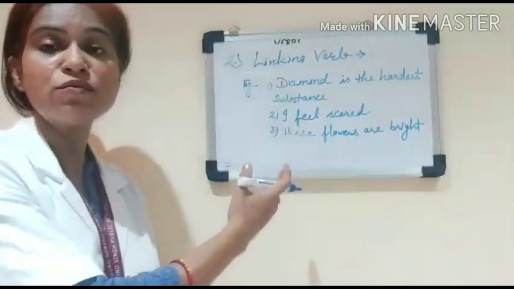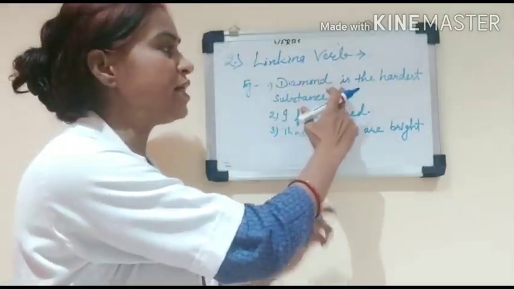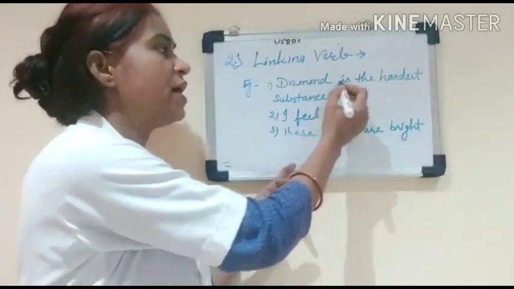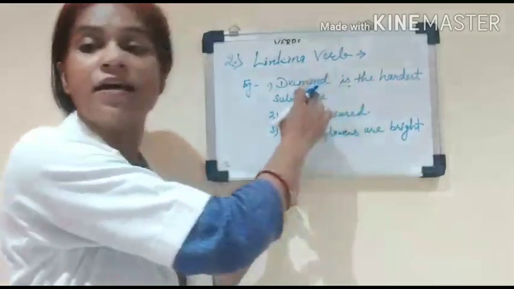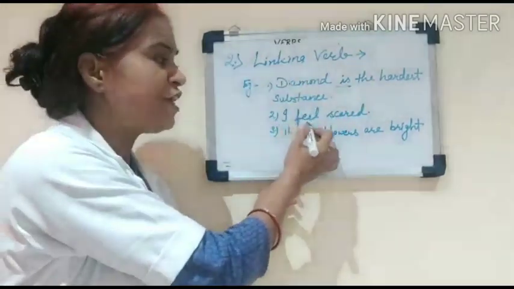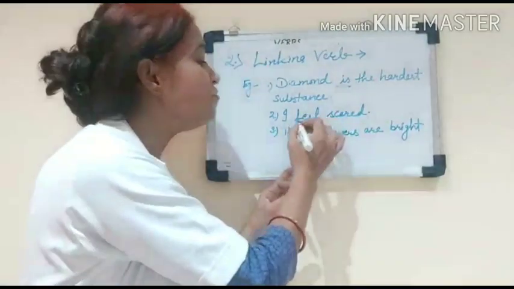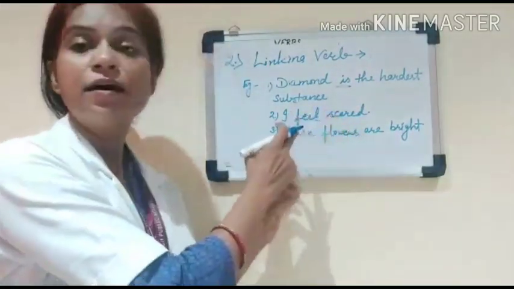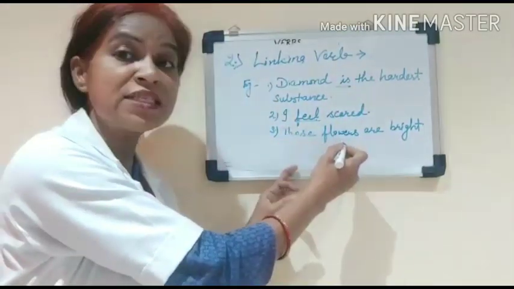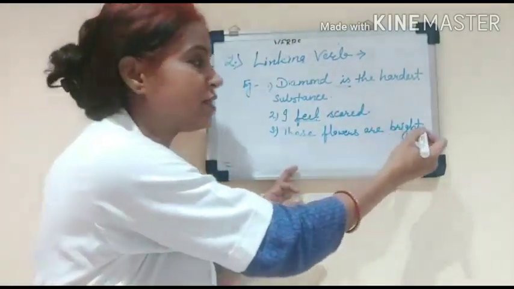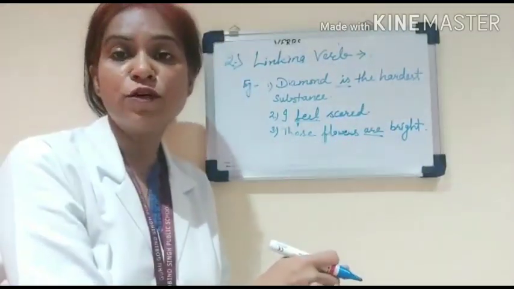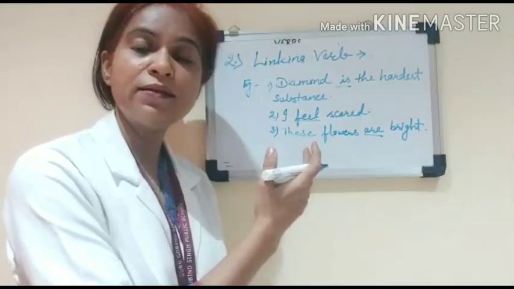Some examples over here. Diamond is the hardest substance. Is is a linking verb. I feel scared. Feel is a linking verb. Those flowers are bright. Are is a linking verb. Is it clear?